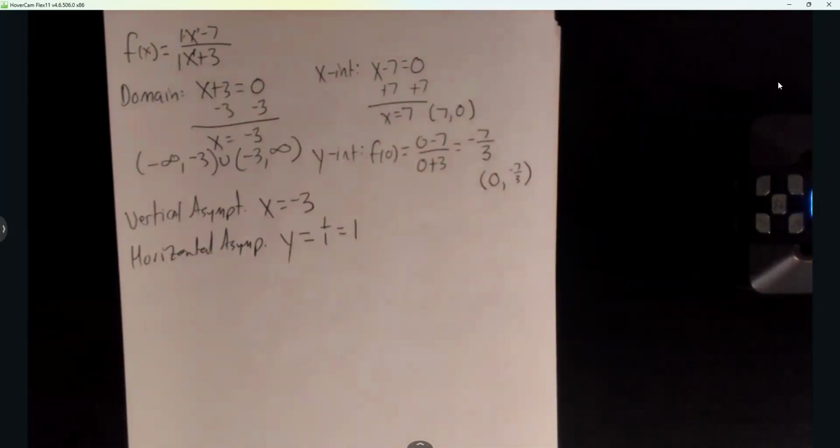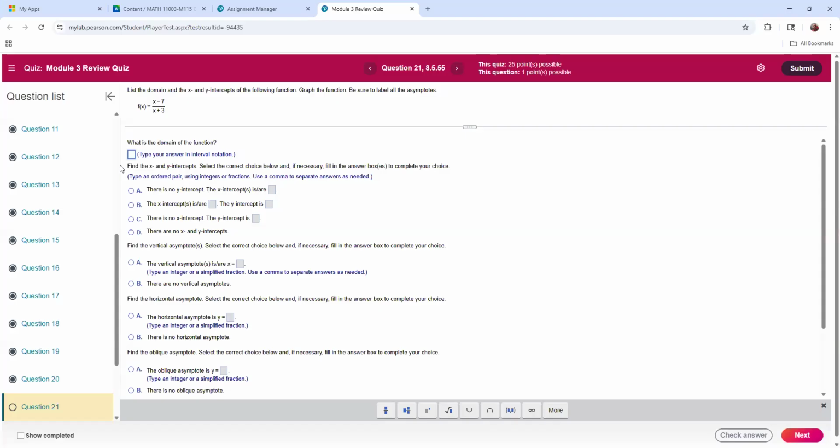All righty, y'all. So let's go put that in, and then we'll look at this graph. All right, so my domain was parentheses, -infinity, comma, -3, close parentheses, union, open parentheses, -3, comma, positive infinity. All righty.